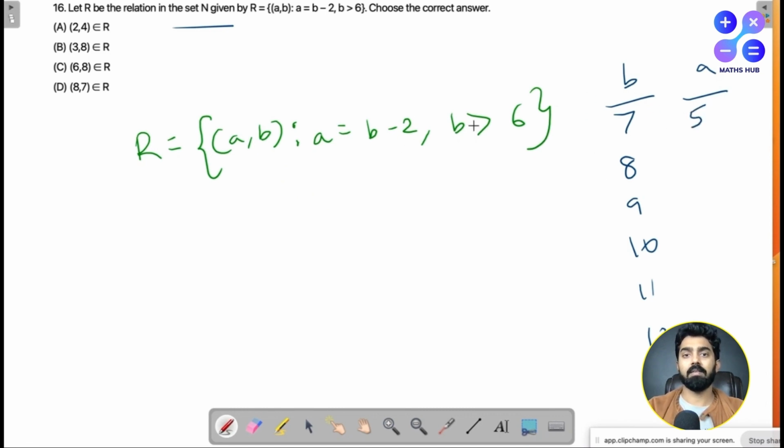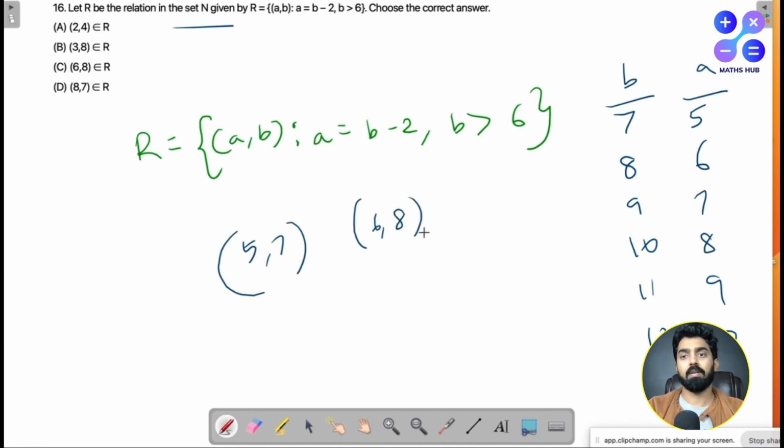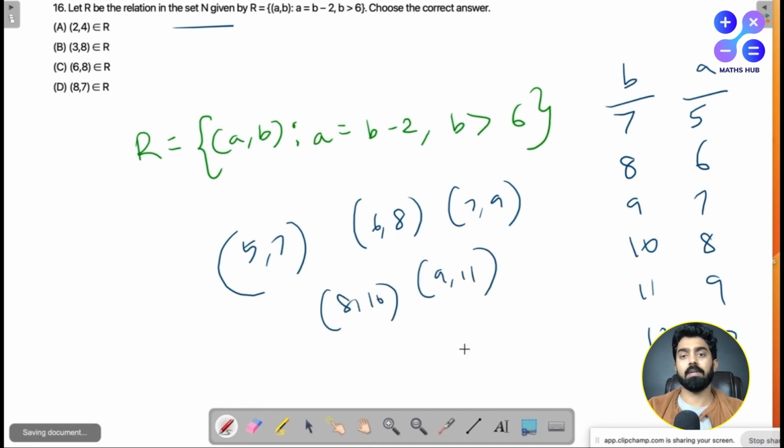If b is 8, 8 minus 2 is 6. So a would be 5, 6, 7, 8, 9, and 10. So these are the pairs we have. We can have (5,7), (6,8), (7,9), (8,10), (9,11), and (10,12). Are any of these part of this?